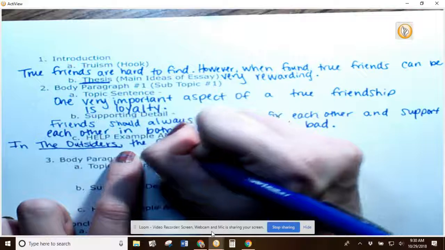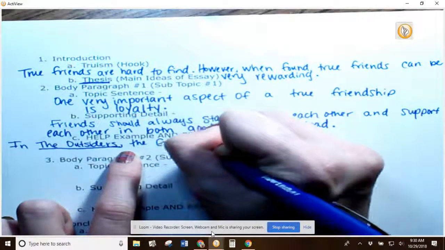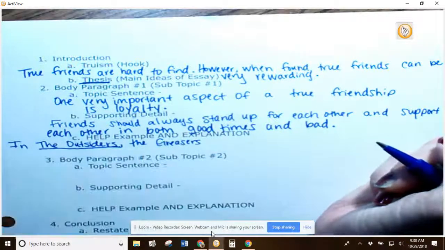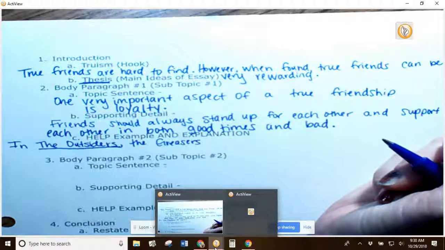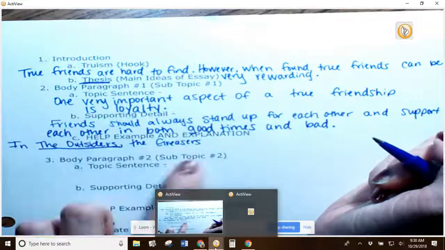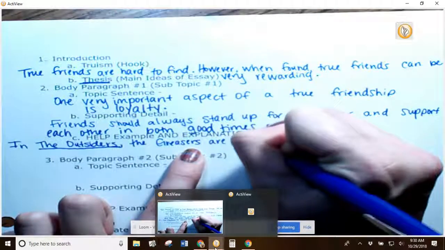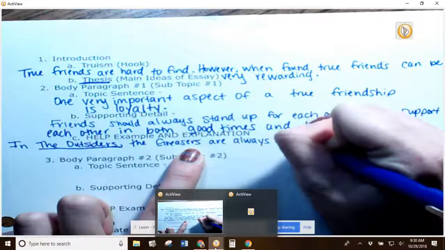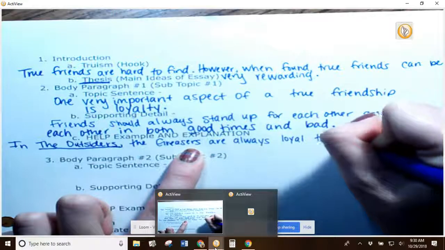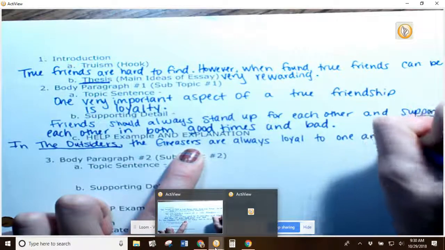the greasers, I'm going to be more specific with my example than I was on my bubble map. Okay. So we're using the example about when Pony Boy gets jumped and the whole gang comes to his rescue. I'm going to say the greasers are always loyal to one another. Okay, I want to tie in our main idea of loyalty.